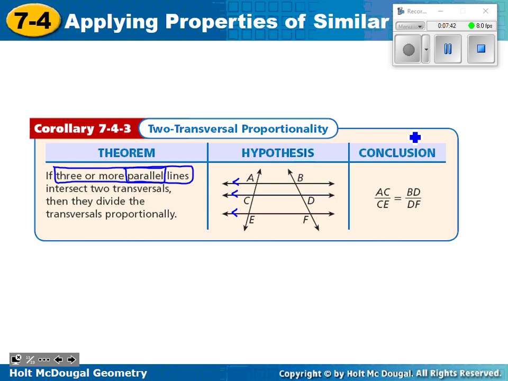So you may want to add that to your notes. If 3 or more parallel lines are intersected by 2 transversals, then they will divide the transversals proportionally. So that would mean AC over CE should be the same as BD over DE.